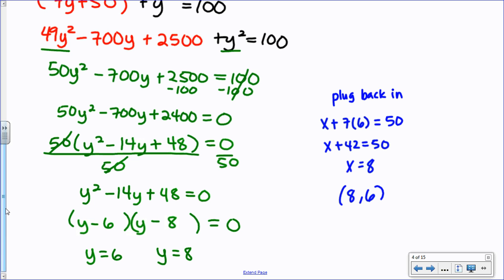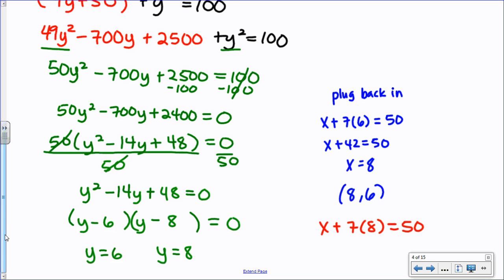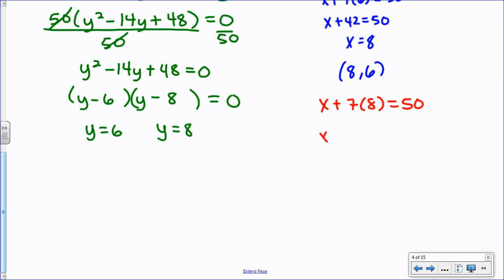Okay, let's do the same thing for 8. So negative 6. So then I have another point at negative 6, 8. You want to check these are right.